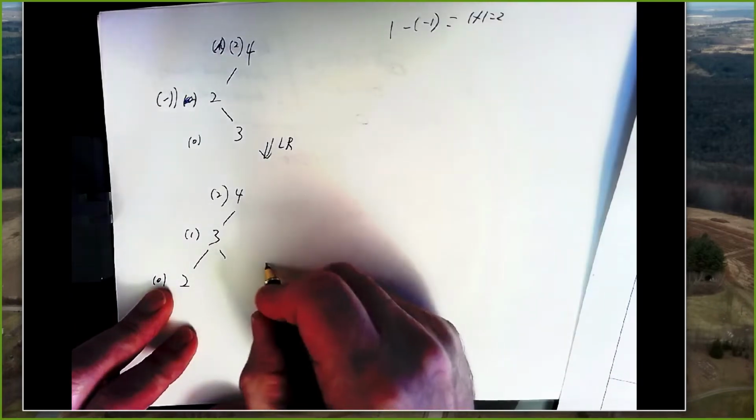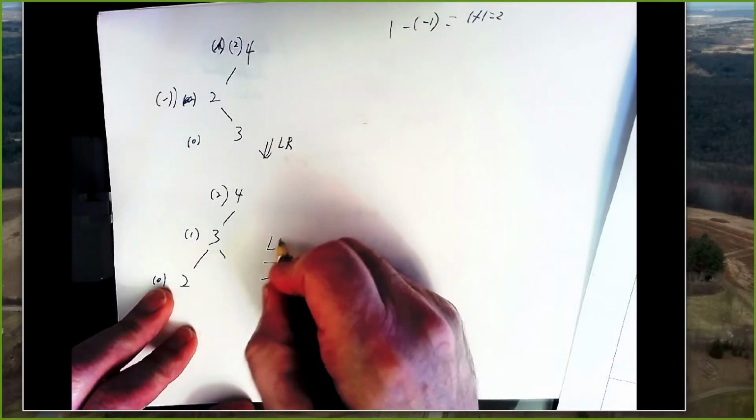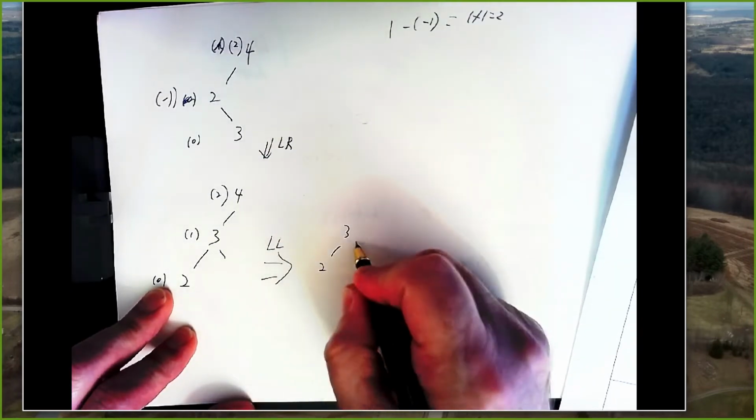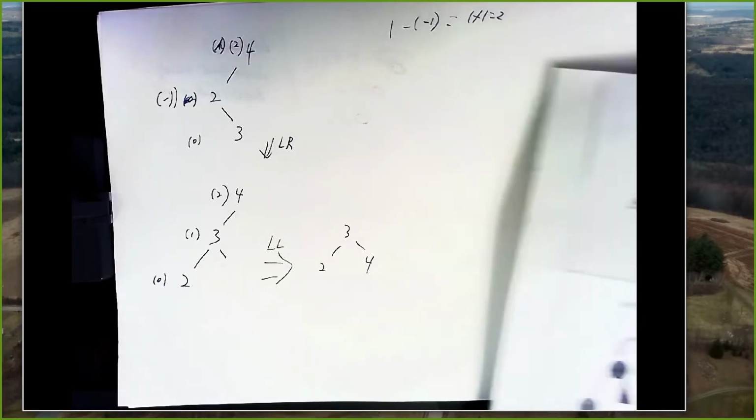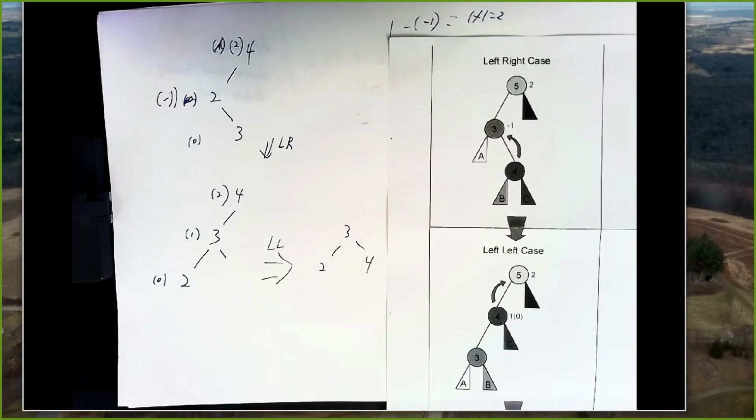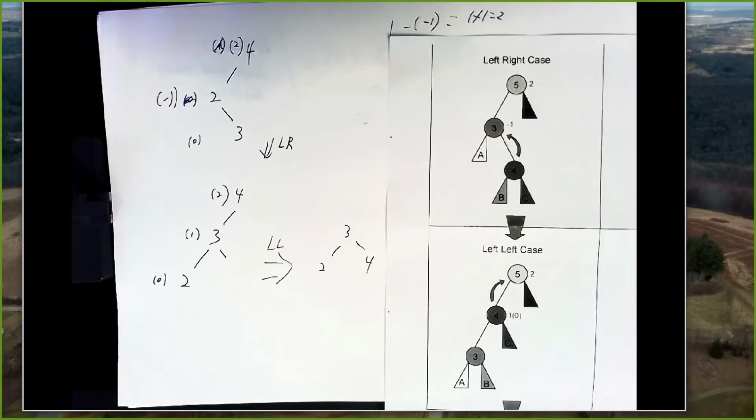So here's our left-left rotation: the 3 will become the root, the 2 comes down there, the 4 goes over there, and beautiful, we got a nicely balanced tree now. So this is one approach to tree balancing.